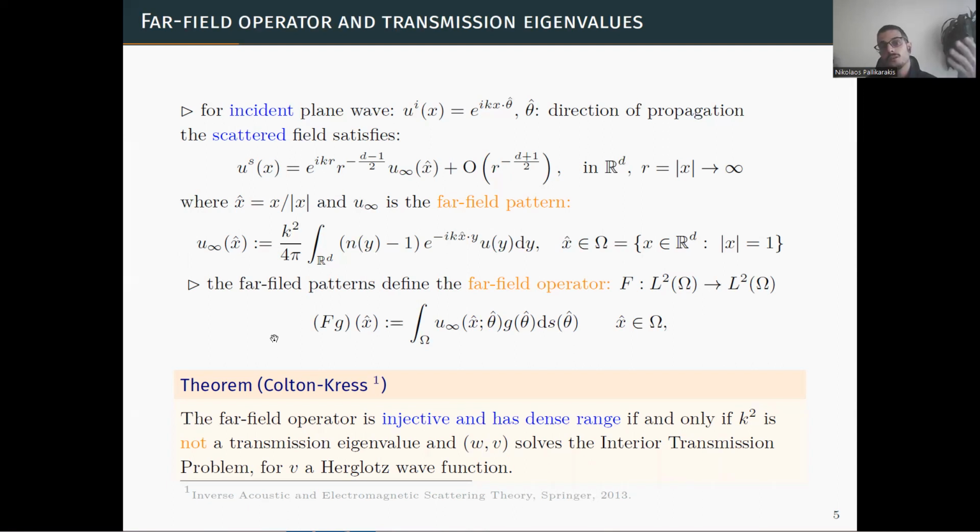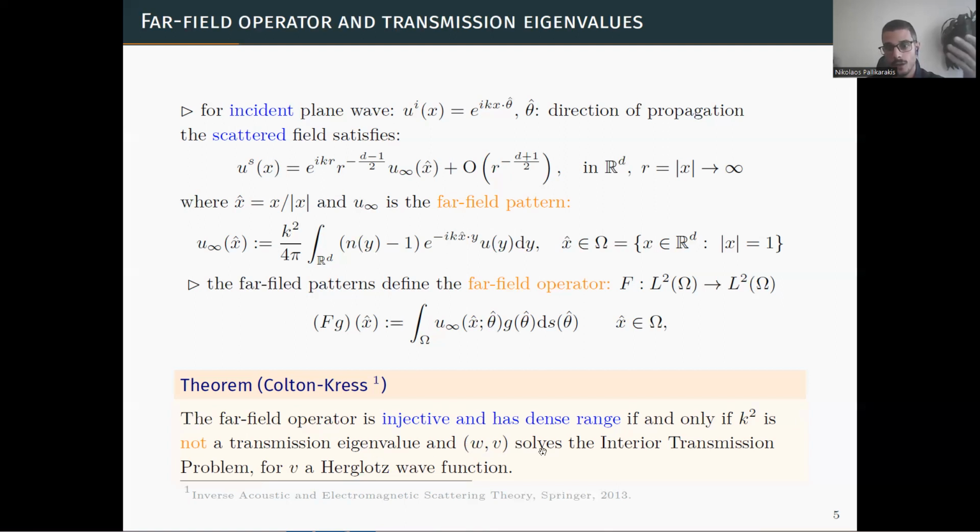When the researchers studied the properties of this operator, they came to the result that this operator is injective and with dense range if and only if this k squared, which I omitted to say is the wave number of the wave that travels, is not a transmission eigenvalue for a pair of solutions W and V which solve the interior transmission problem.